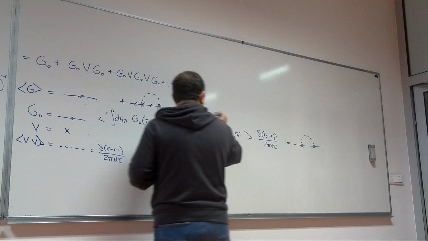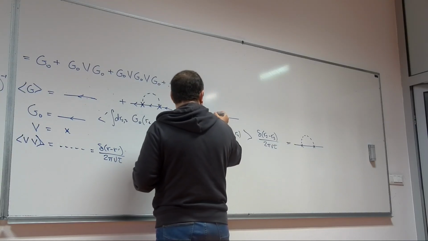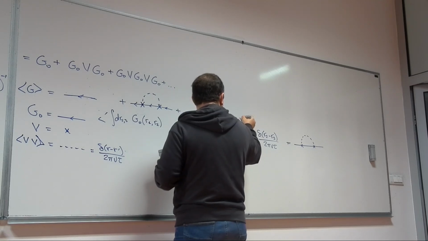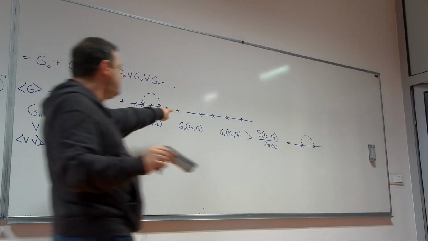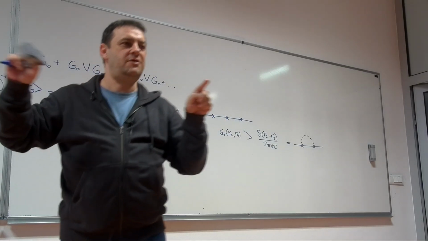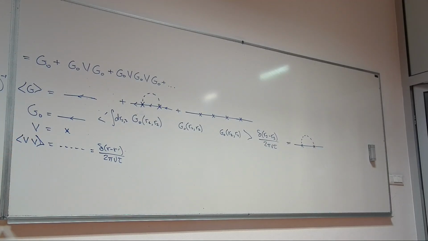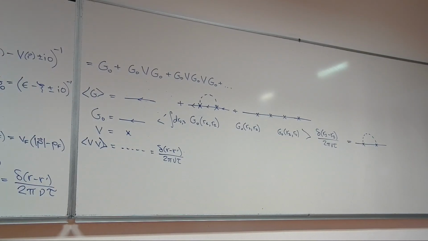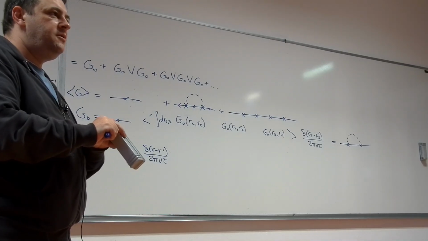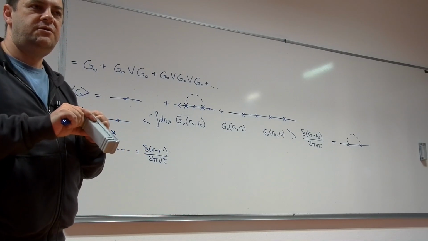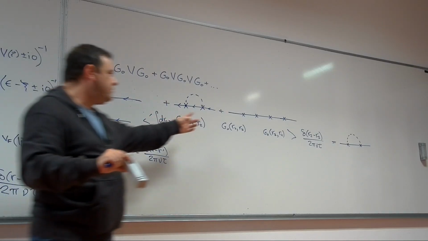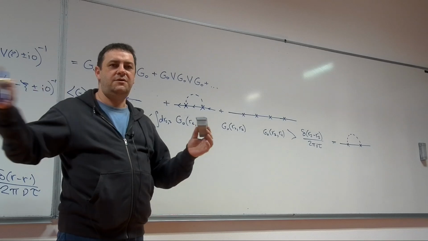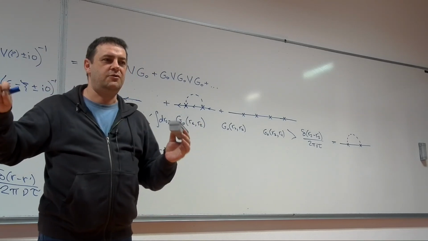Then the next term will have 4 such crosses. So what happens if I try to average the product of 4 such functions? I gave you only the average of 1 and 2. For the Gaussian distribution, it's a known property, sometimes called Wick's theorem, that the average of the product can be done by pairwise averaging in all possible ways.